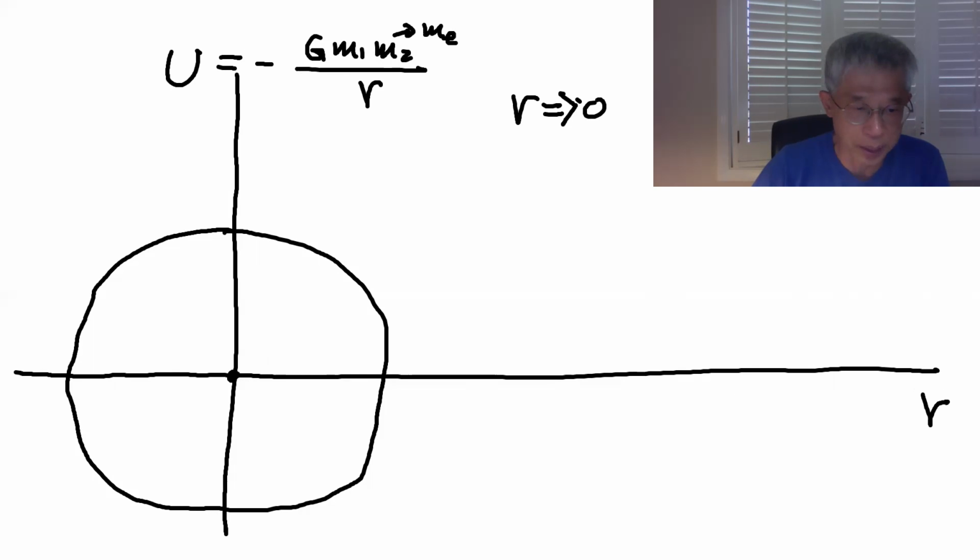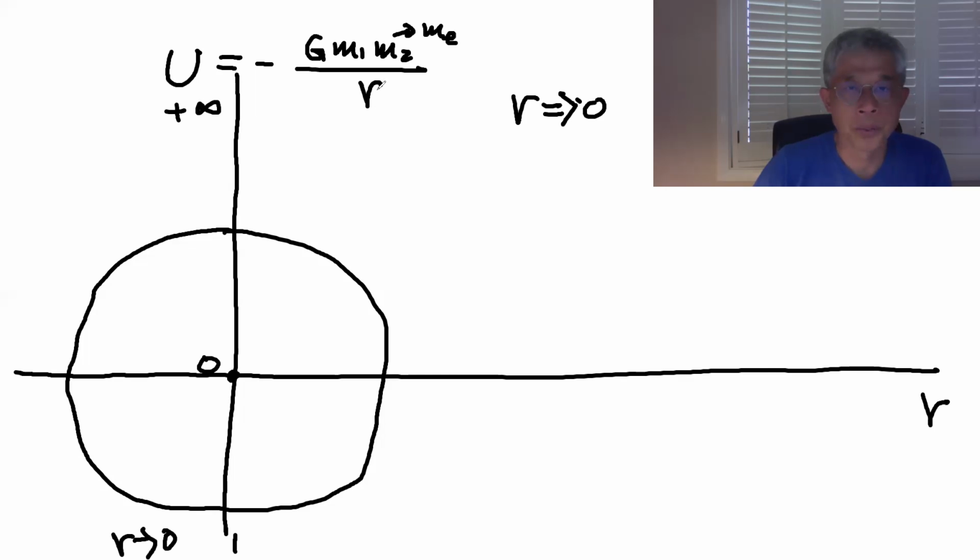So it's down here, going like this. This is zero. This is positive infinity. This is negative infinity down there. So it's going like this.